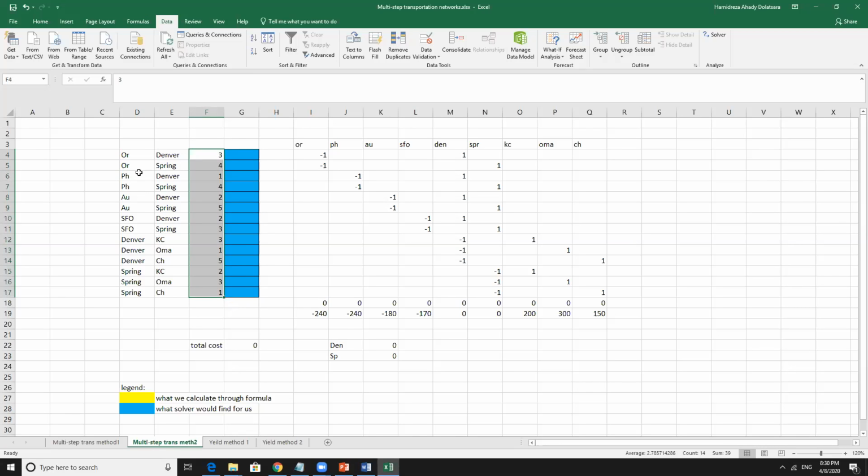And same for Orlando to Springfield, or Springfield to Omaha. So based on outflow of the supply has the coefficient of -1, inflow to the customer has a coefficient of 1.